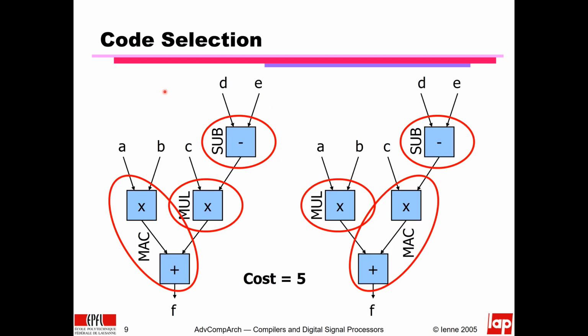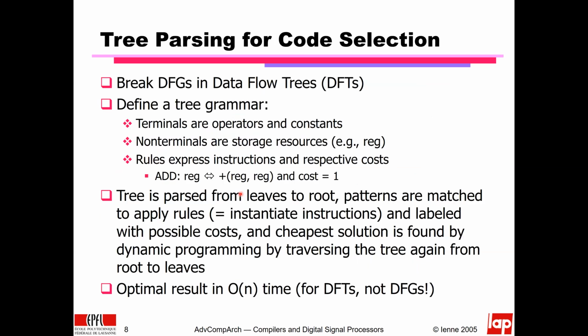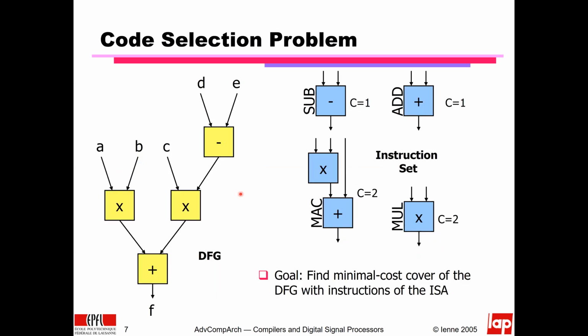This is code selection. This is an example of choices that you may have, or two solutions that are equivalent, where I'm using the MAC on two different sides of the operation. There are two different clusterings that are, in this case, equivalent. And again, here there is no big choice or difficult decision, but the point is that the MAC costs 2 and the mul costs 2.